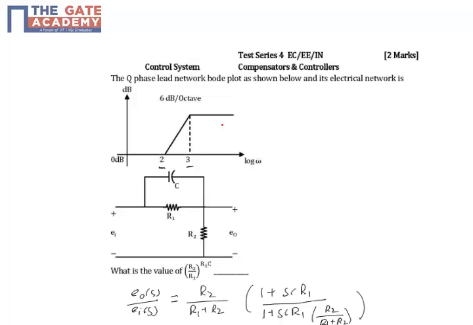So from this we can determine the corner frequency of the zero and the corner frequency of the pole. First we have a zero at 2, because the axis is log of omega, which means 2 is the log of the corresponding frequency, so the corner frequency of the zero is 10 to the power 2, which is equal to 100.